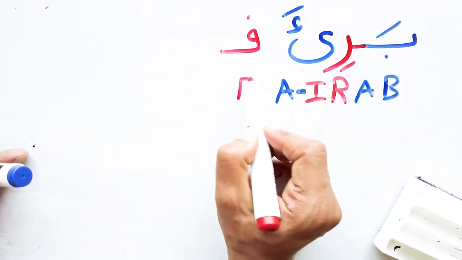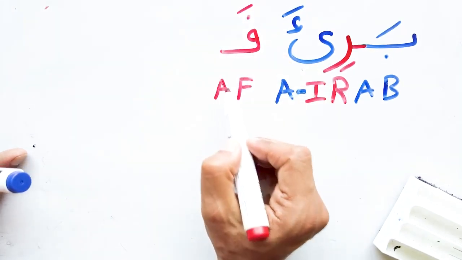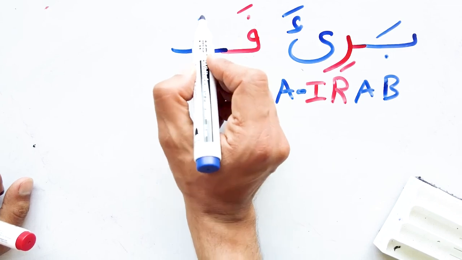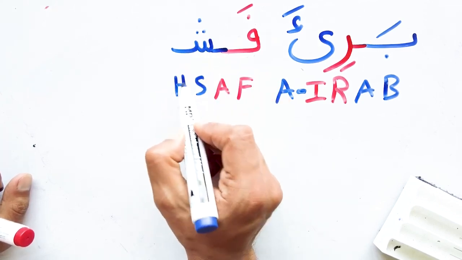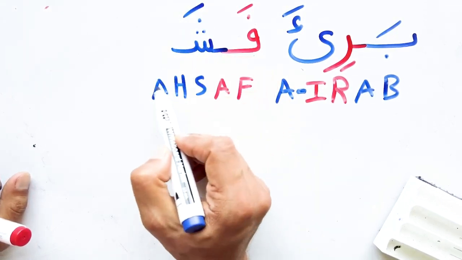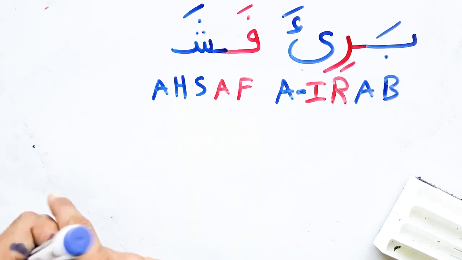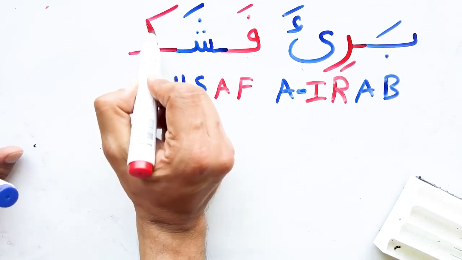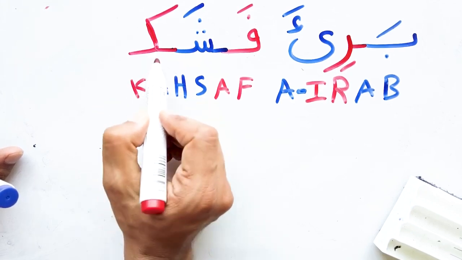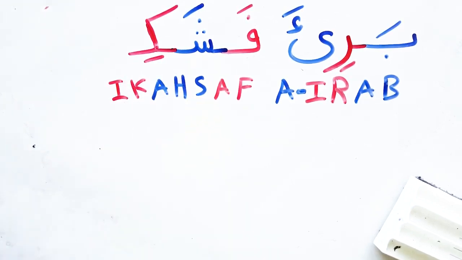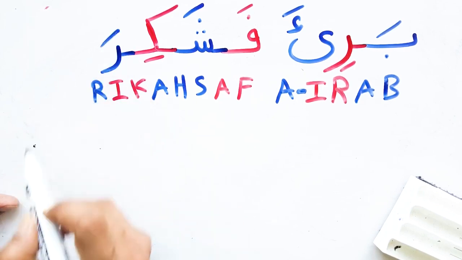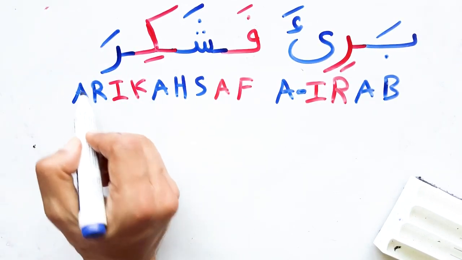The sound of f, fa, the sound of a. The sound of sh with fatha sounds like a, fasha. Ki, the sound of k with kasra sounds like I. And finally we have the sound of r with fatha, sounds like a.